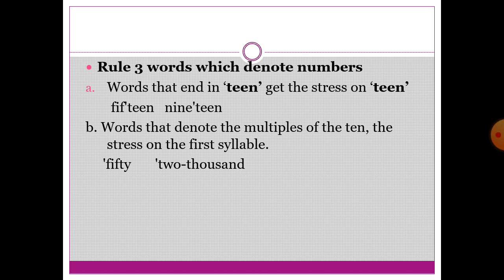For example, 1 is monosyllabic, hence the stress will be on the first part. 2, monosyllabic, automatically stress will be on the first part. 3, 4, 5, 6, 7, 8, 9, 10. So in all these words, the stress will be on the first part.